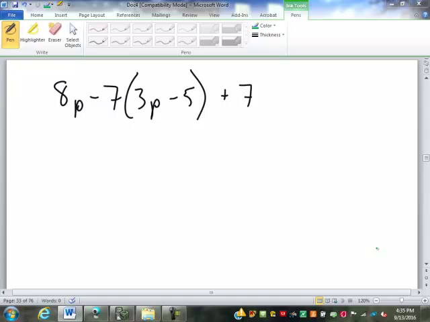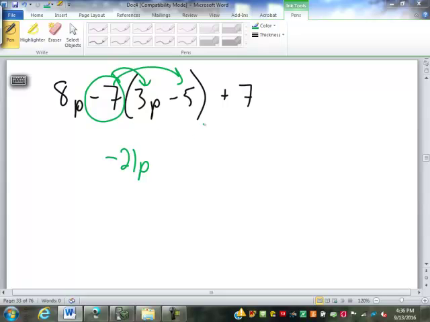Is there anything to do in the parentheses? No, to the parentheses. Multiply by what? Negative 7, good catch. So we've got negative 7 times 3p is, forgot the negative, didn't you? Ah, sure. So that's a negative 21p.